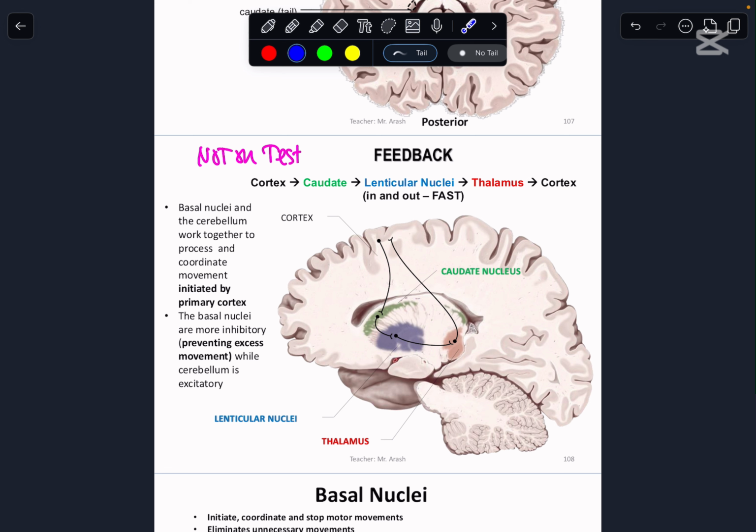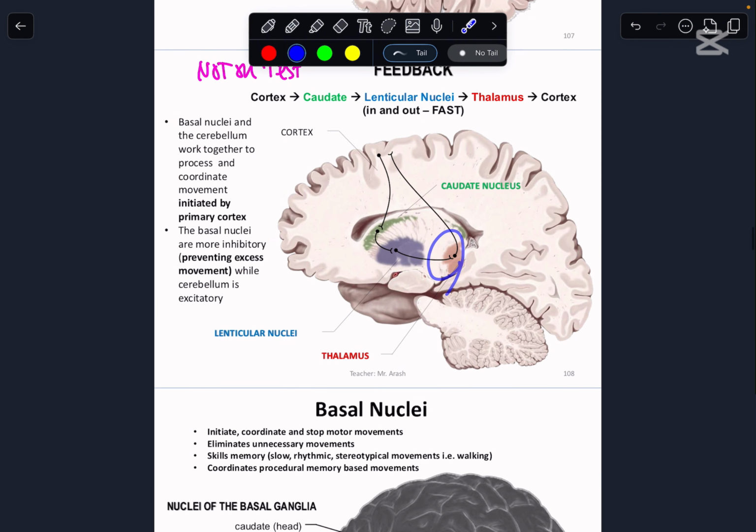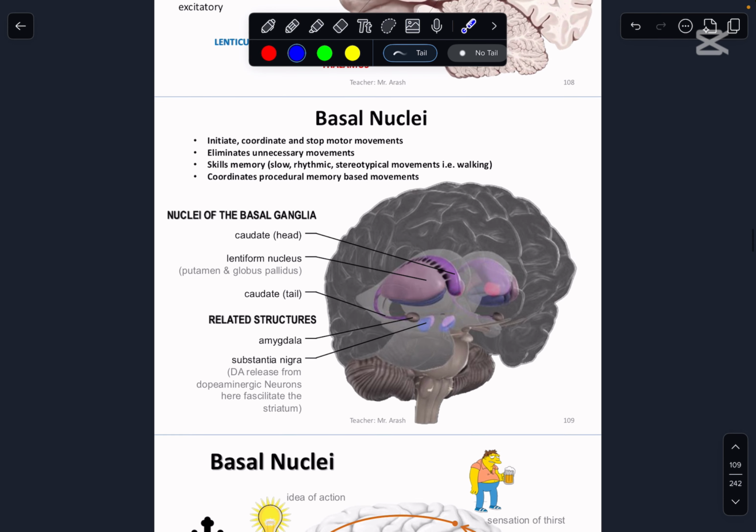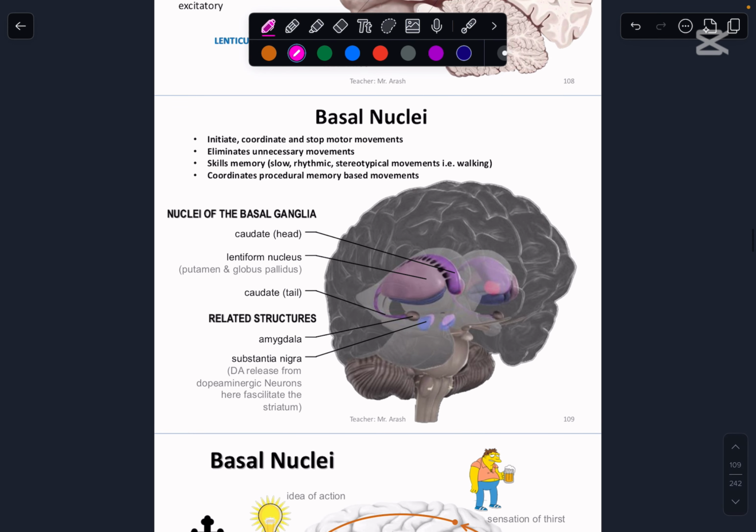For example, you make a decision to do something in the cortex, you tell the thalamus what's happening, and the thalamus then allows or disallows; in this case, it's actually inhibiting it. So basically it just doubles down on the function of the thalamus. It's not that important. I'll just take that off the test too.